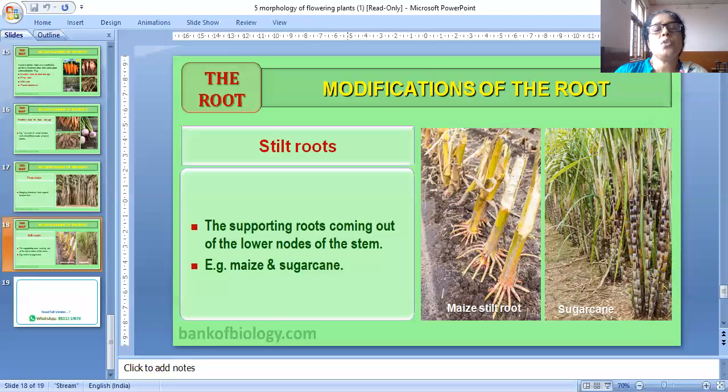The ovary in such a flower is said to be superior. Example, mustard, China rose and brinjal. This is hypogynous. All other floral whorls, petal, stamen, androecium, are below that only. Superior means above.